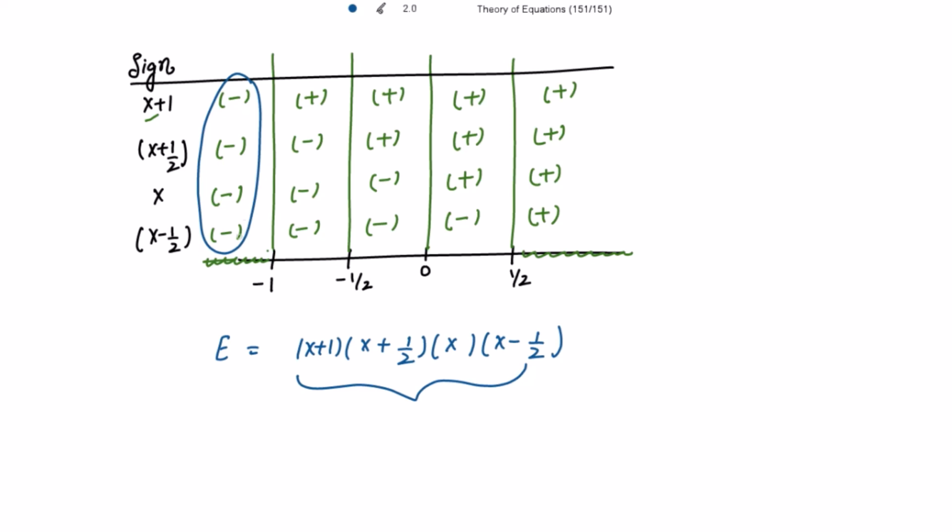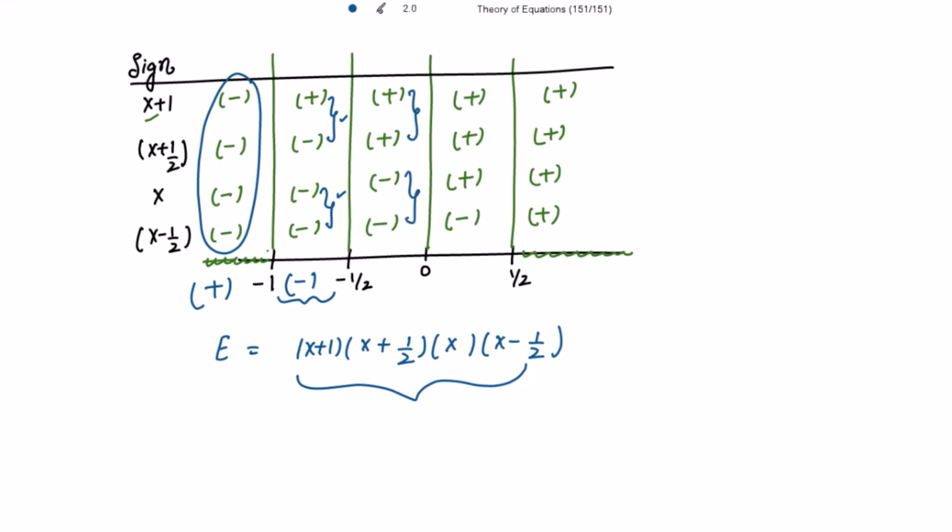Yes, the product of all these negative signs is positive. In this interval, what is the sign? Plus minus is minus, minus minus is plus, and this plus and this minus will become a negative sign. Right? Understood? Okay.